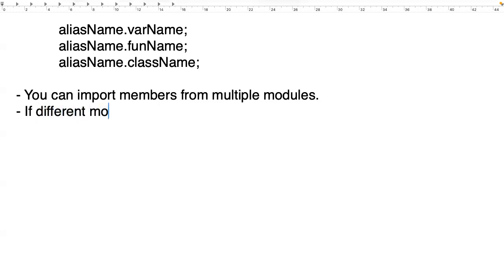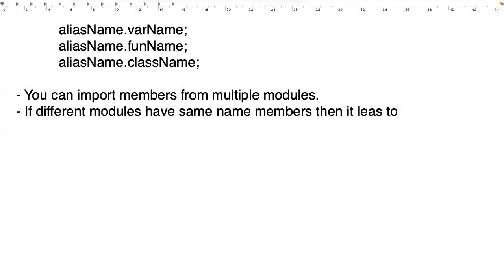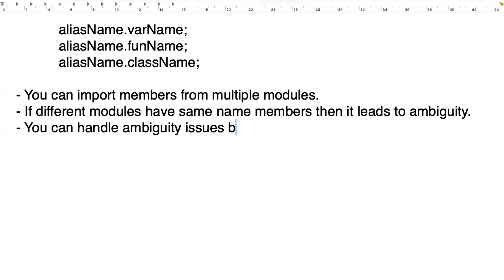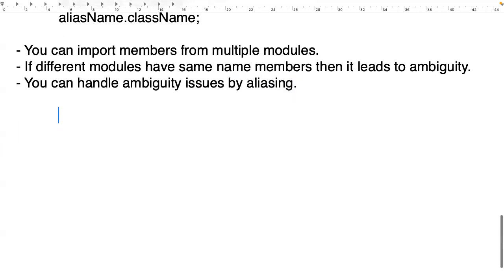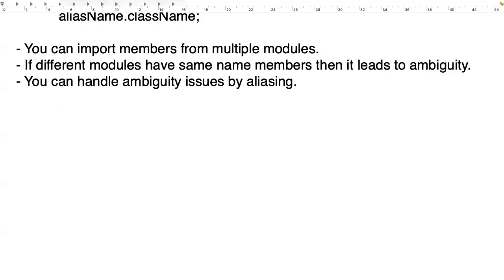If different modules have same name members, then it leads to ambiguity. You can handle ambiguity issues by aliasing.